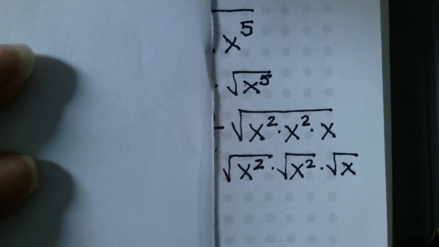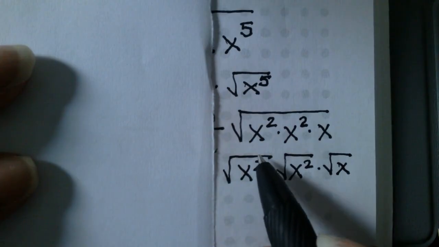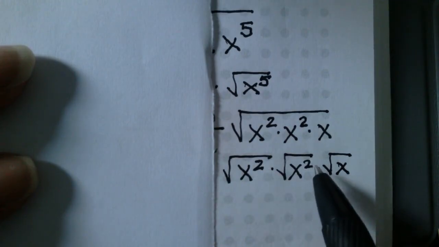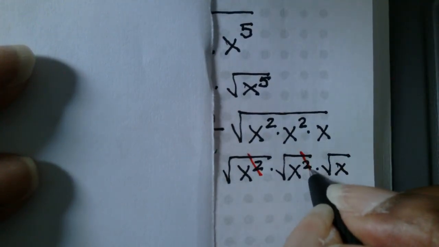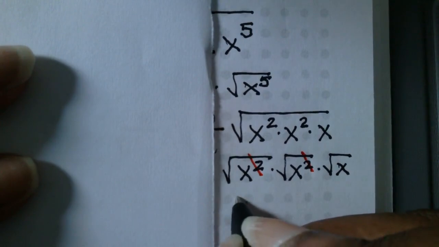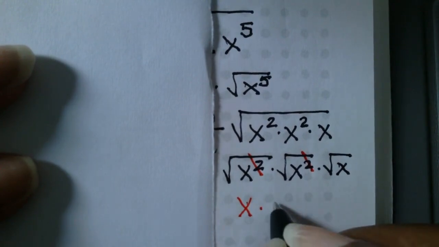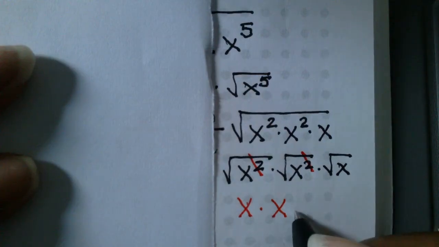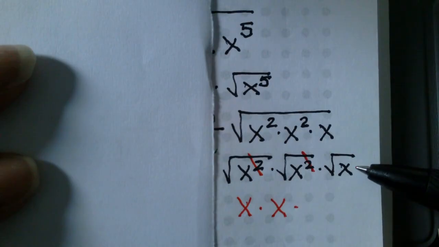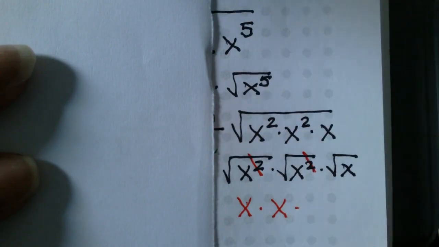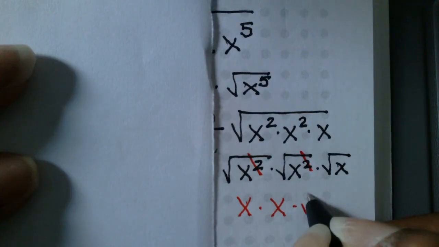Well, like we said earlier, we have squares and square roots. They're inverses of each other. So that means they're gone and they're gone. So what's left? X times x times, now we have the square root of x that's left over. If I can't break it down, I'm going to bring it down.